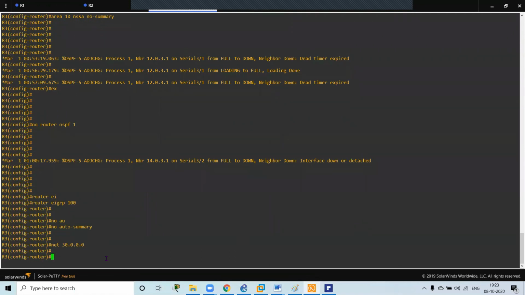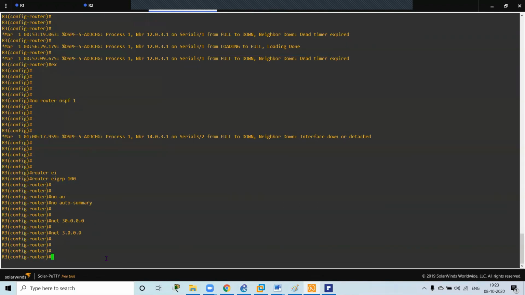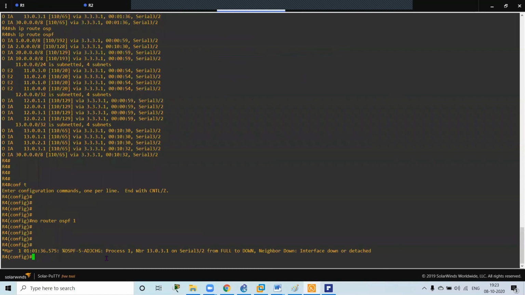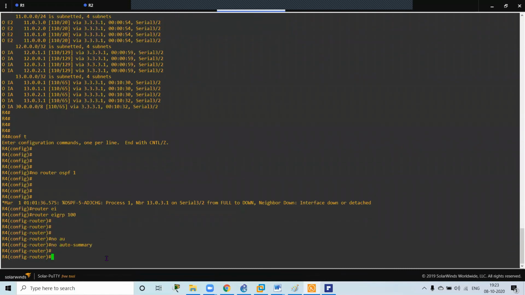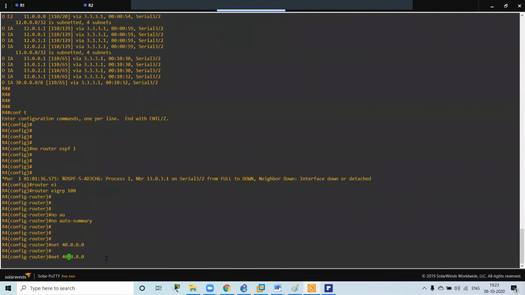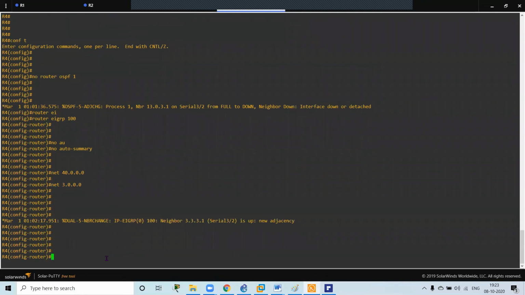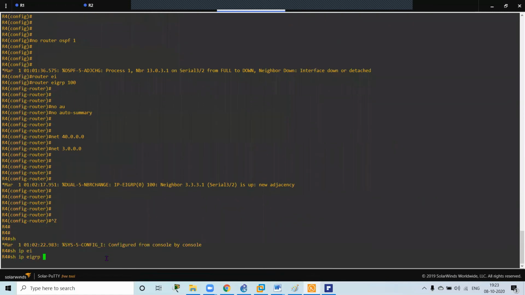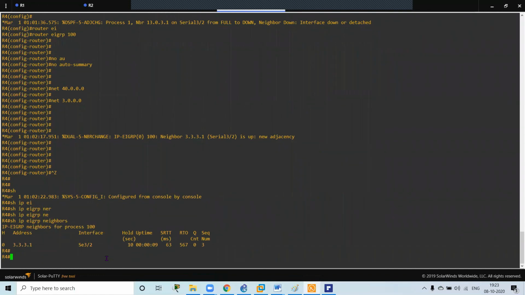I am having 3.network between R1 and R4. I'm not giving the loopbacks. On R4, router EIGRP 100, no auto-summary, network 40.network and 3.network. I form the neighborship. If I see show ip eigrp neighbor, I am having a neighborship with 3.3.3.1.